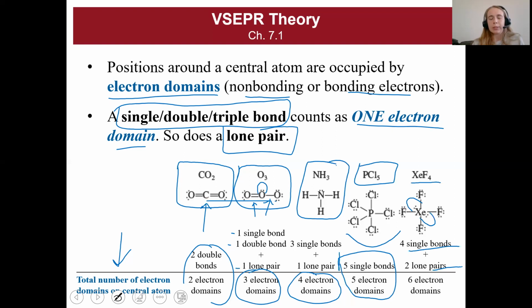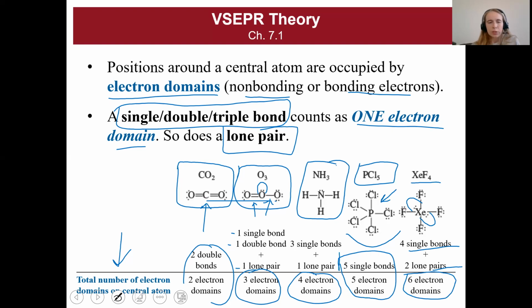Don't have my periodic table handy, but it's pretty big, so it can accommodate an expanded octet, and in this case it does. Oh, so does phosphorus, I guess. Should have noted that. But we have 4 single bonds and 2 lone pairs on xenon, so that's 4 electron domains, 1 for each single bond, and 2 electron domains, 1 for each lone pair, which adds up to 6 electron domains total.